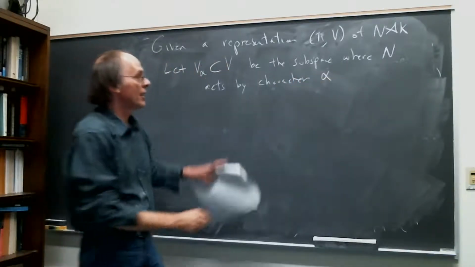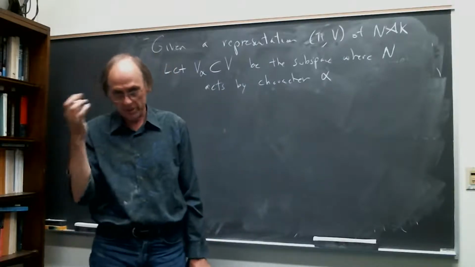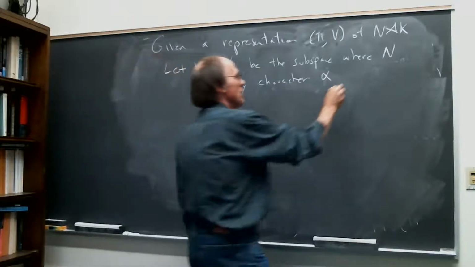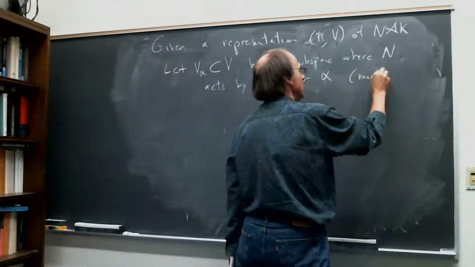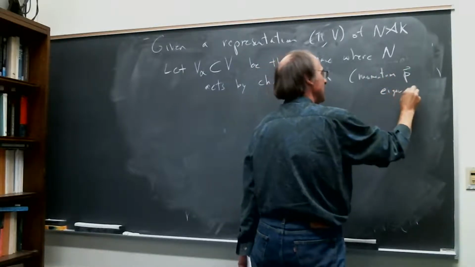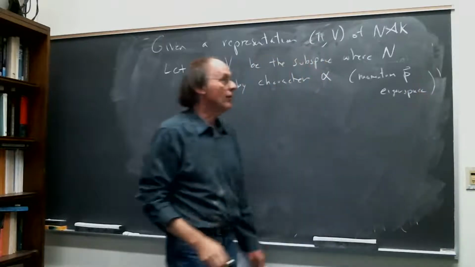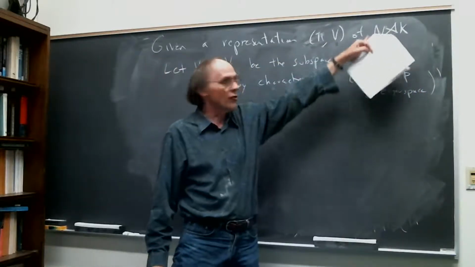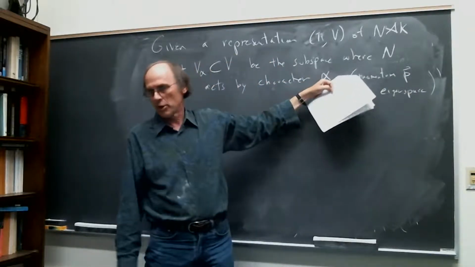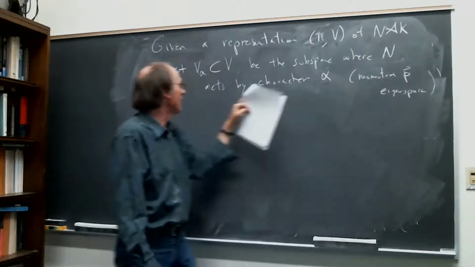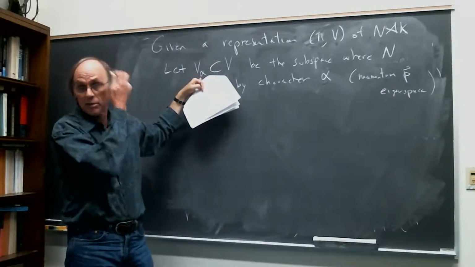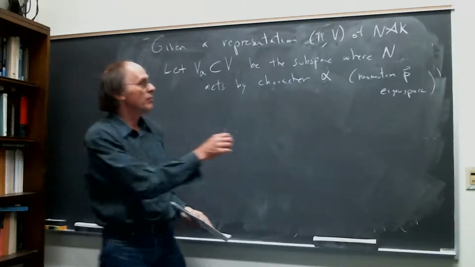Or if you like, in the example we're always thinking about, it's just the momentum p eigenspace. Okay. If n was a translation group, then these alphas are really just the p vectors, and V sub alpha is going to be the eigenspace with momentum p vector.